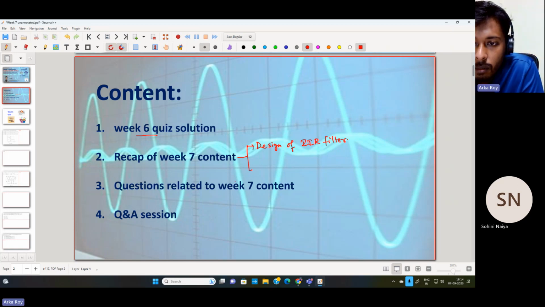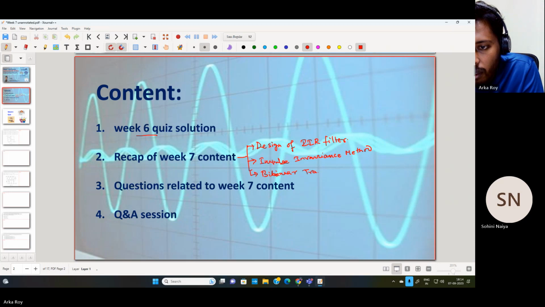In addition to that, we have the impulse invariance method, and we have just started the bilinear transform.